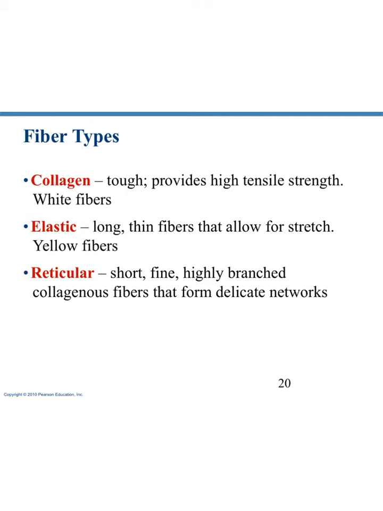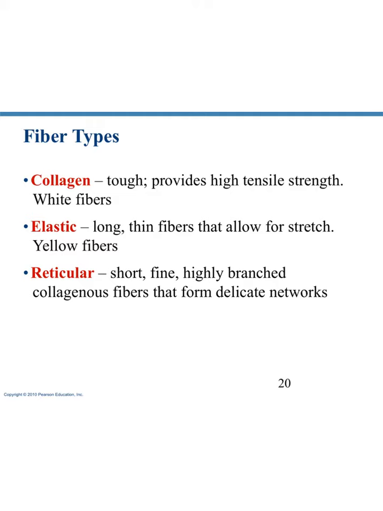Commonly, they're called white fibers. They do appear white in a cadaver. Elastic fibers are going to be thinner, and in tissues they tend to appear kind of wiry, very, very thin, and these allow for stretch. Think like a rubber band. They allow you to pull and stretch it out, and then they will recoil or return to the original shape.